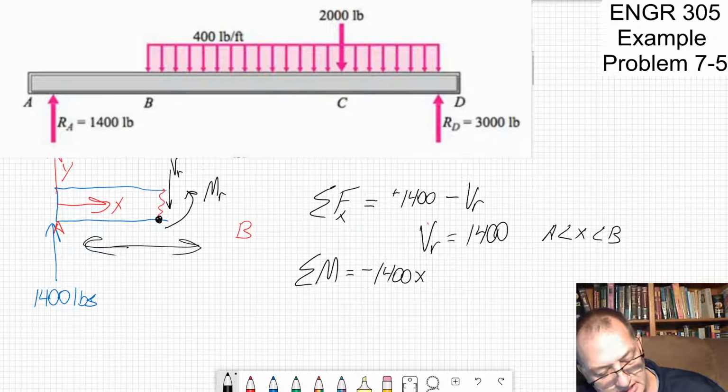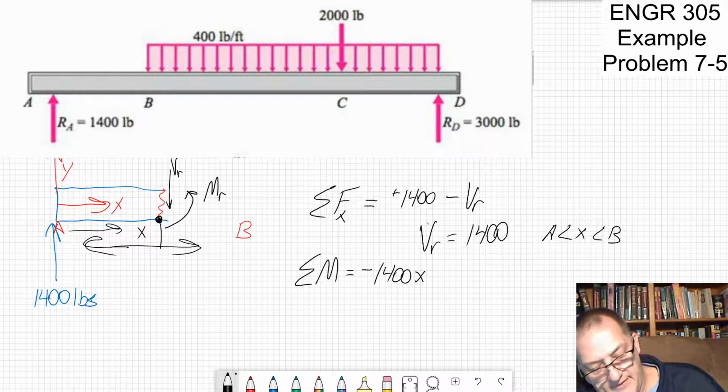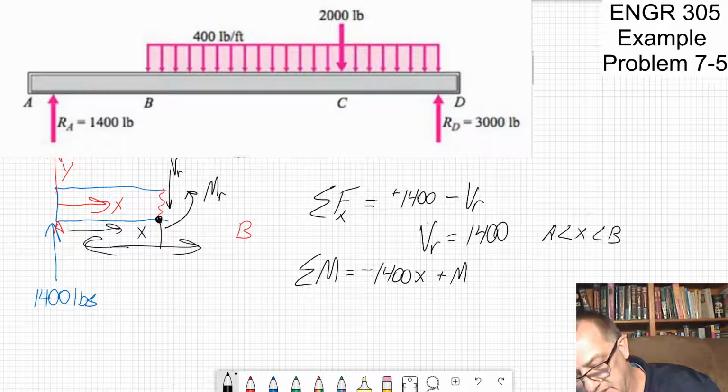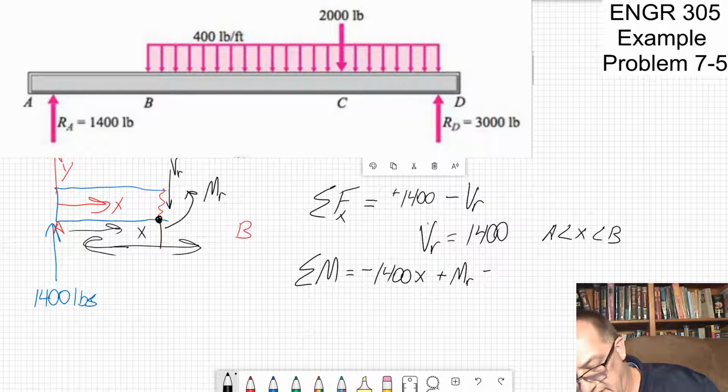So the distance to that point is X. 1,400 times X. And then I've got nothing else except MR, which is positive, plus MR. So that's equal to 0.